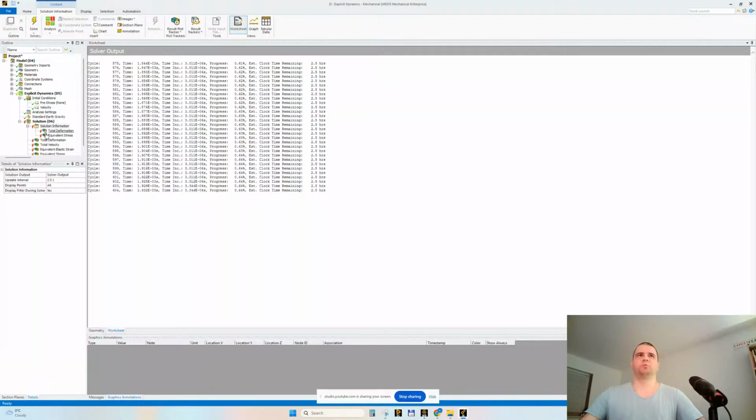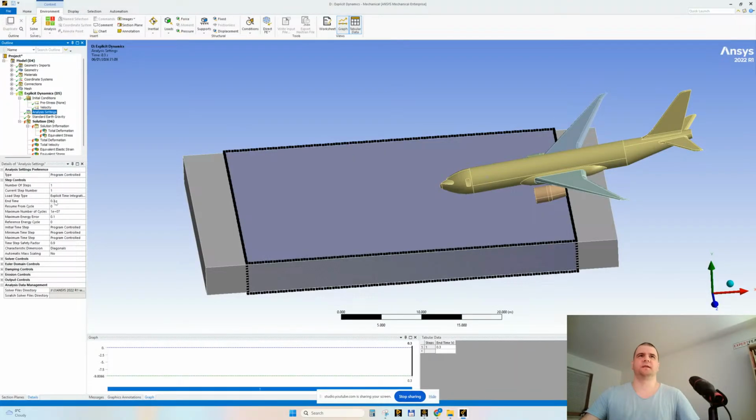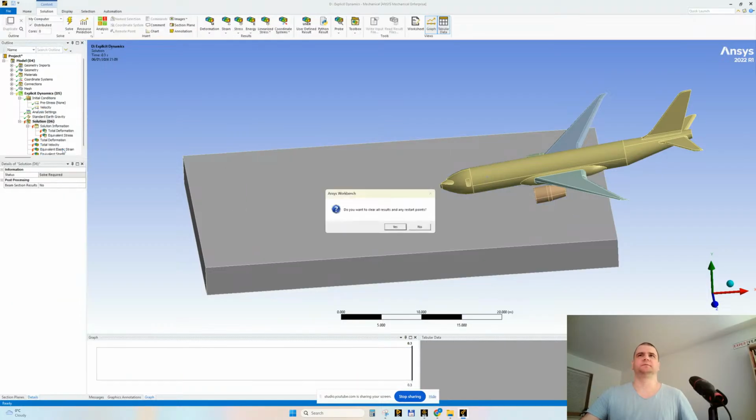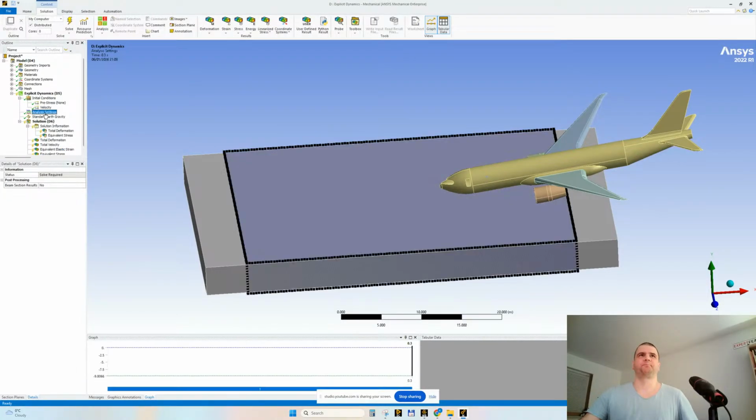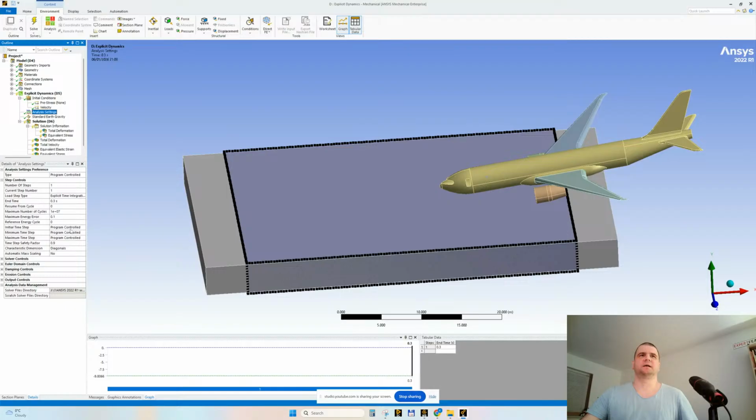There are multiple ways we can decrease the end time, of course. You know, at this moment, let's come with some time steps.